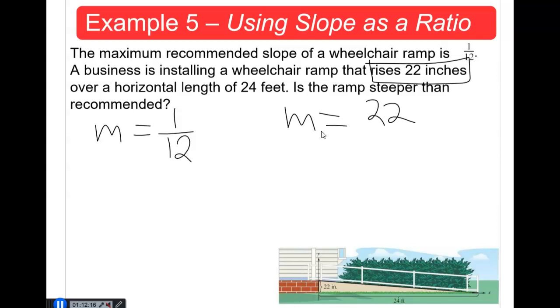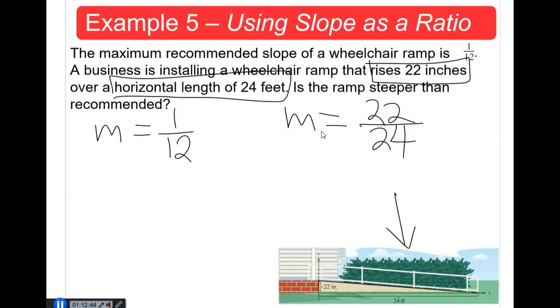So that will be the number on top, the change of the Y values, the vertical change, over a horizontal length of 24 feet. So the question here is, the ramp that was being built, and you could see the picture over here, is that ramp steeper than the recommended one?